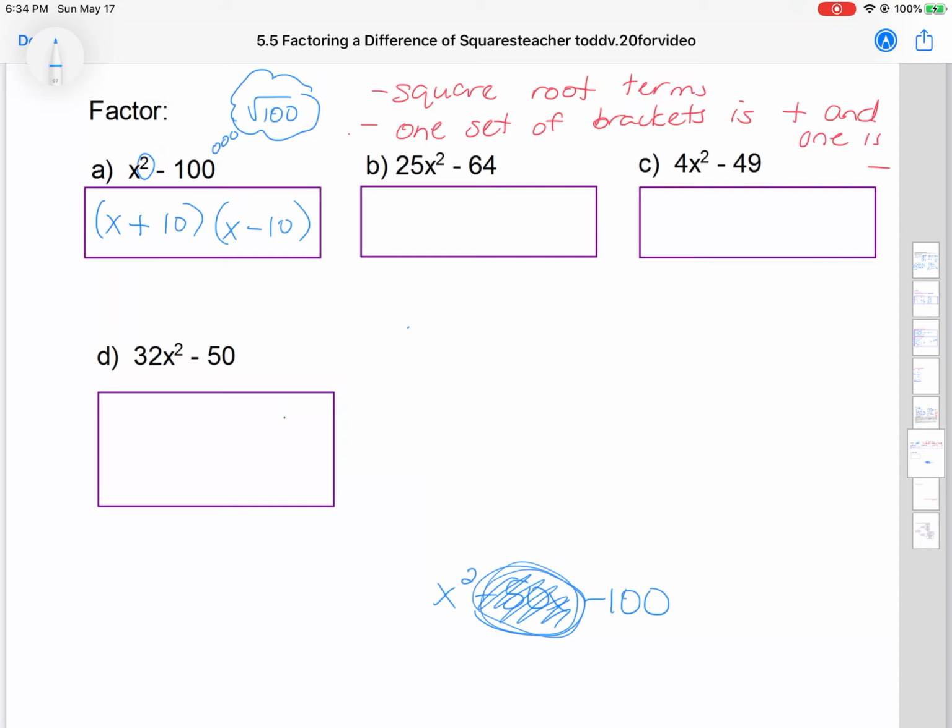Not too shabby. So now it says square root terms. So here we have an x squared, which is fine, but we also have a number here. So you have to think of square rooting this and square rooting this, okay? So now you've got 5x instead of just x, but that's okay. That's no big deal. And the square root of 64 is 8.